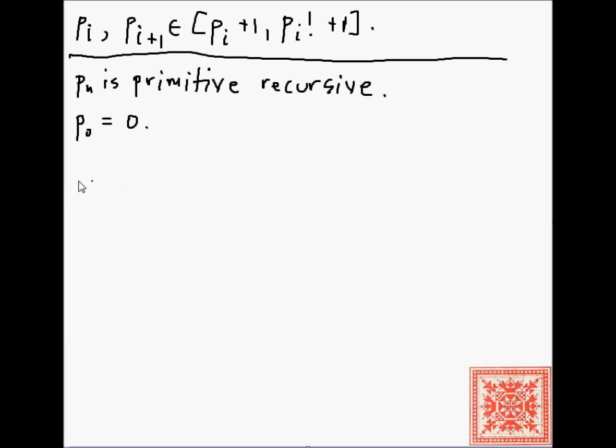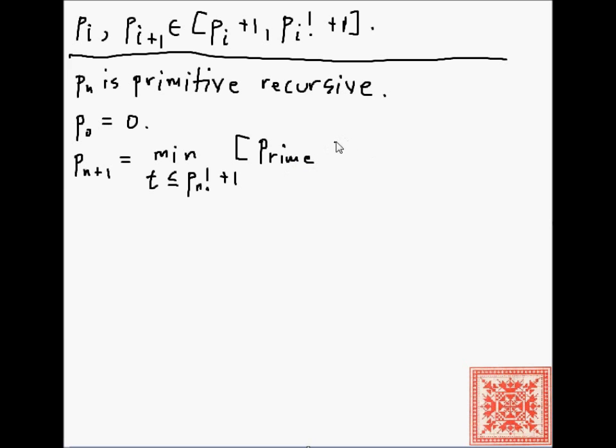So p sub 0 is 0, and p sub n plus 1. We're just going to write two simple recurrences. That's the base case, the first one, and the second is the recursive case. T less than or equal to p sub n factorial plus 1.